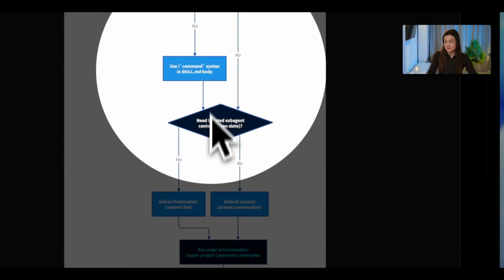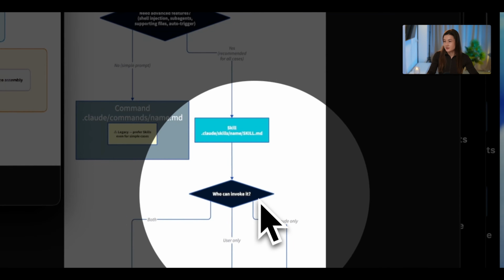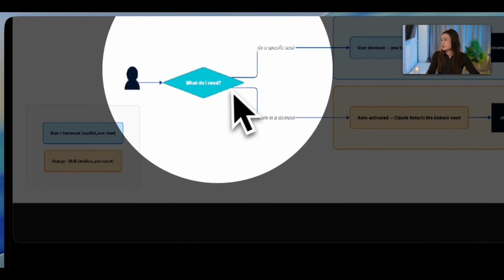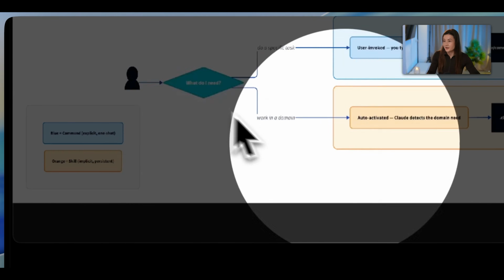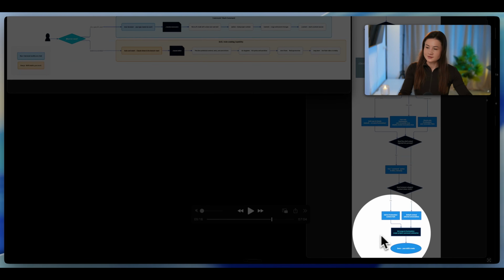It has a different type of shape. For example, it used a diamond for decision, and the diamond was navy blue as opposed to this one, which is a pastel. And the second difference is we have no legend. So this one, created by plan mode, has a legend. This one doesn't.